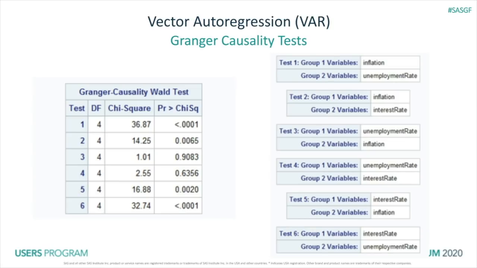It means that unemployment rate and interest rate could help the forecast of inflation, and inflation and unemployment rate could help the forecast of the interest rate. But neither inflation nor the interest rate can help the forecast of unemployment rate.